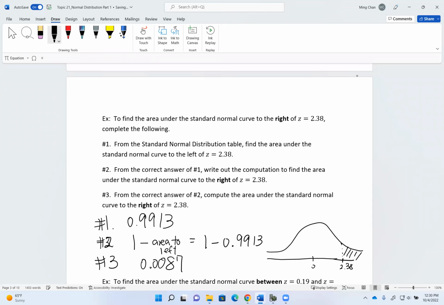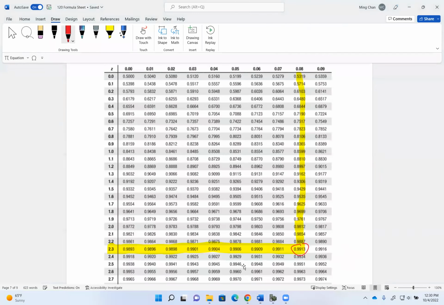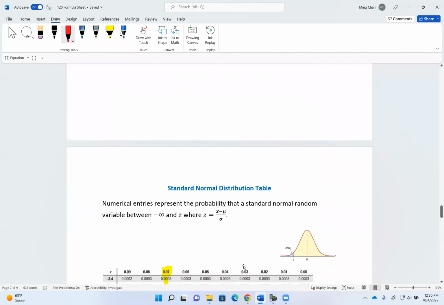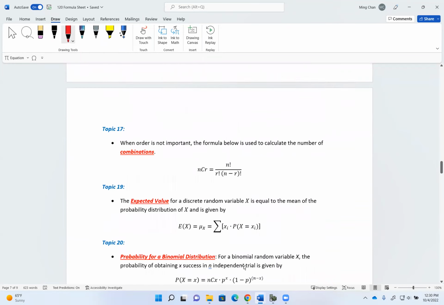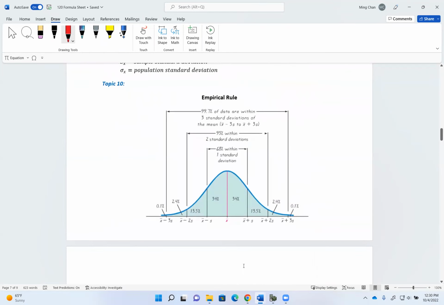So remember, on the empirical rule, let me bring it up. If I go up to the empirical rule here, topic 10. We are looking at the entire right side of 2 standard deviations away, which is 2.5%.